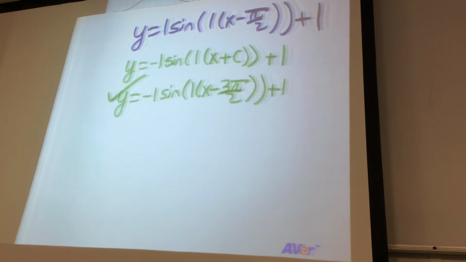Negative sine is on the board. I'm moving to cosine. Any questions on sine or negative sine before I go to cosine?